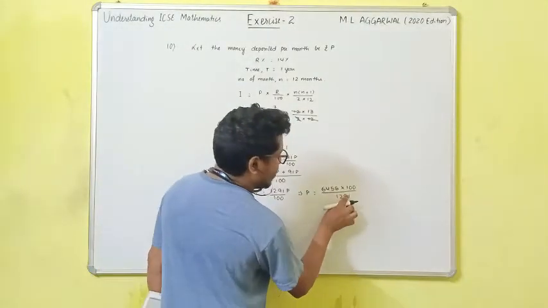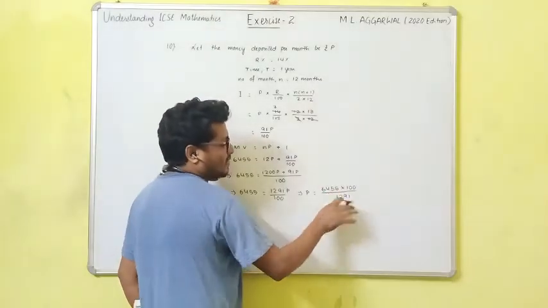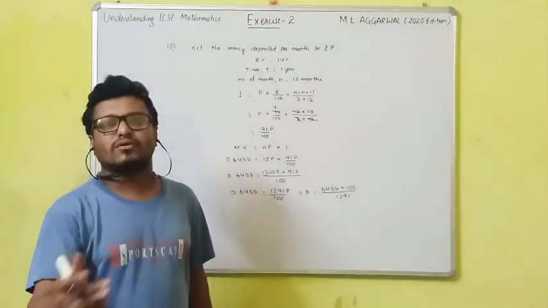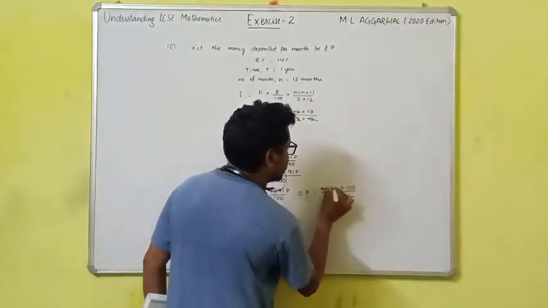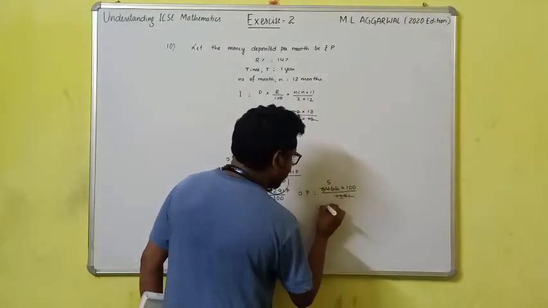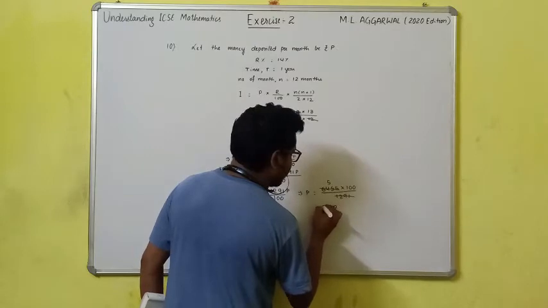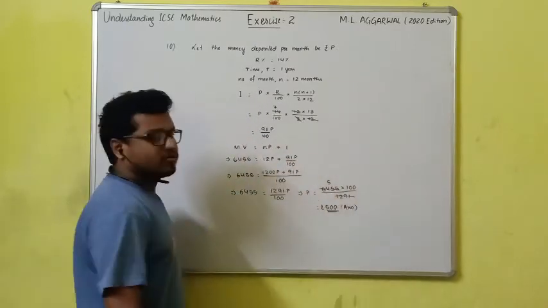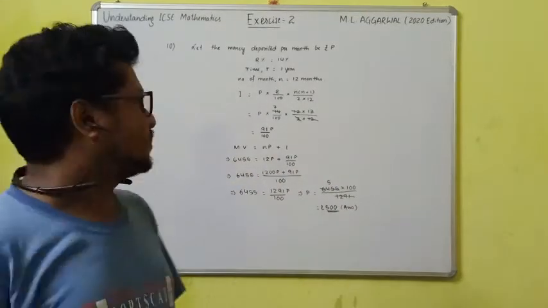Just see here 1 is there, here 5 is there. You take 5 first and multiply with 1291. You will definitely get 5. So you cancel these two and write 500 rupees. So underline this one and write answer. So this way you can solve the question number 10.